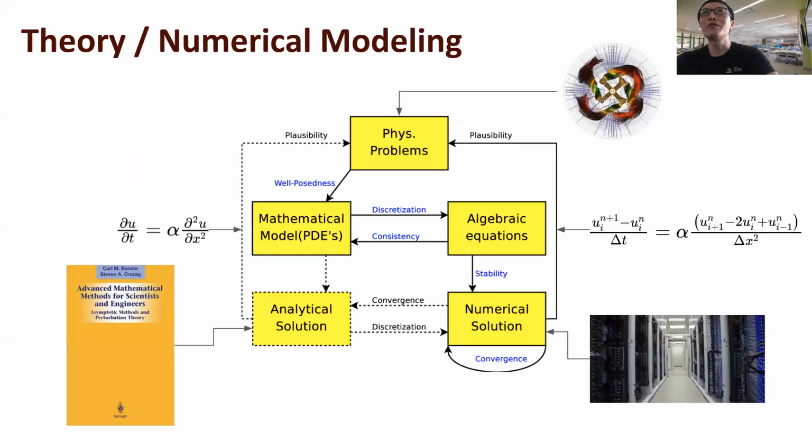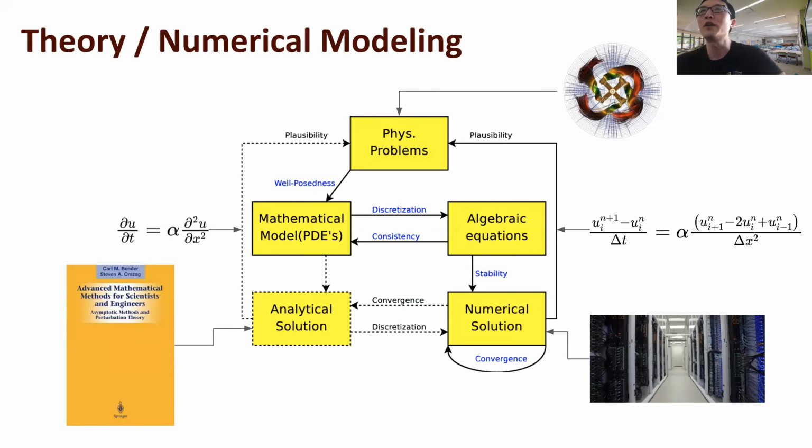So for traditional modeling, this is a diagram I took from my PhD thesis. For those of you who have done scientific machine learning, you should have some rough idea about what this diagram talks about. For those of you who don't understand, basically what I try to show here is that you start with a physical problem at the very top, a hard physics problem, and then you try to find mathematical models to describe it.